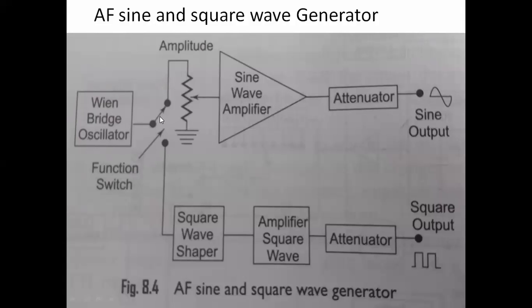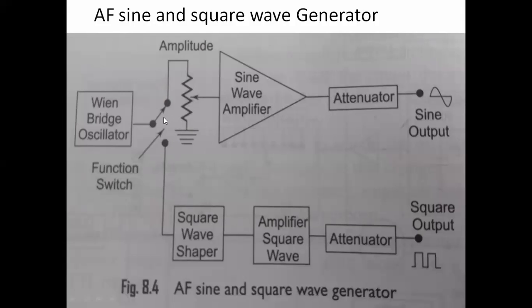Or suppose we want the square wave, the function switch is connected to this point. You can assume that 1 is for sine wave output and 2 is for square wave output. To get the sine wave signal, we connect the switch to 1, and to generate the square wave output, we connect the function switch to point 2.